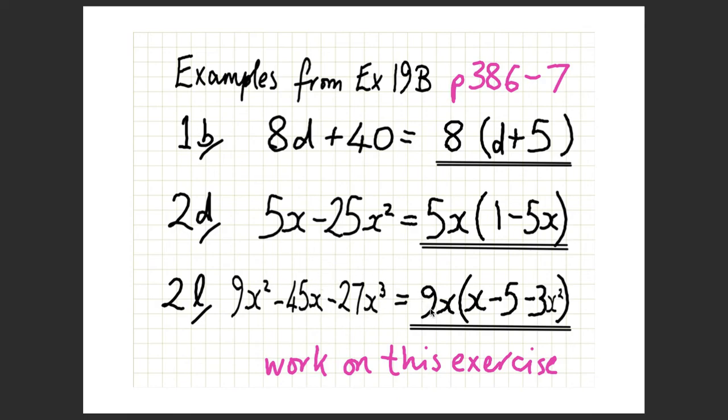Well, the 9 needs to be multiplied by a 3 to get 27, or in fact a minus 3 to get minus 27. So I've got a minus 3 there. But then also the x needs to be multiplied by x squared in order to get the x cubed. So 9x squared minus 45x minus 27x cubed is equal to 9x brackets x minus 5 minus 3x squared, close brackets.